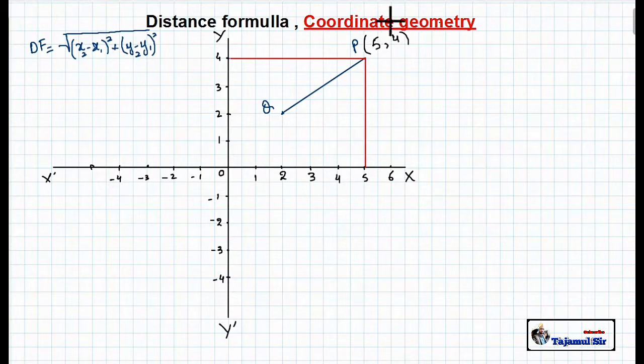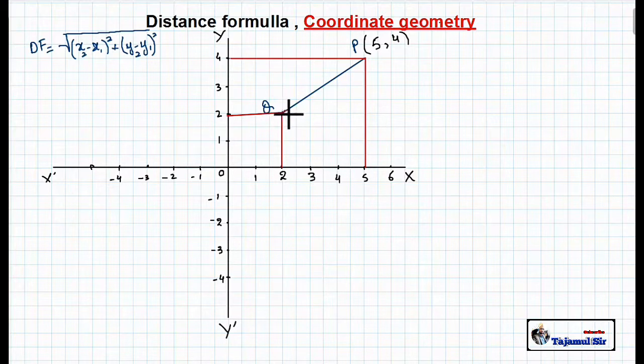Similarly, I will also show you the two coordinates of point Q. This is Q. From this Q, we will draw a line to the x-axis. It means one coordinate is 2. The x-axis coordinate of point Q is 2 and I will draw another line to the y-axis.